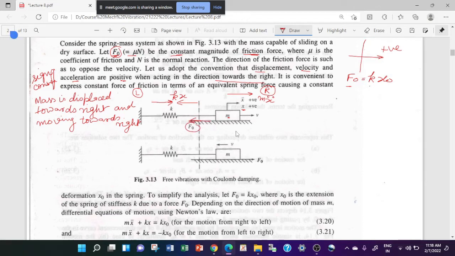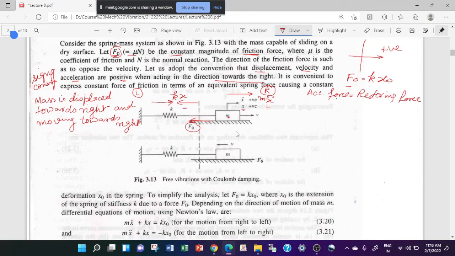So if you write the equation of motion here, that is your accelerating force is equal to restoring force. Suppose I don't consider this convention. If I use my usual convention here, then you are having a positive here, negative here.